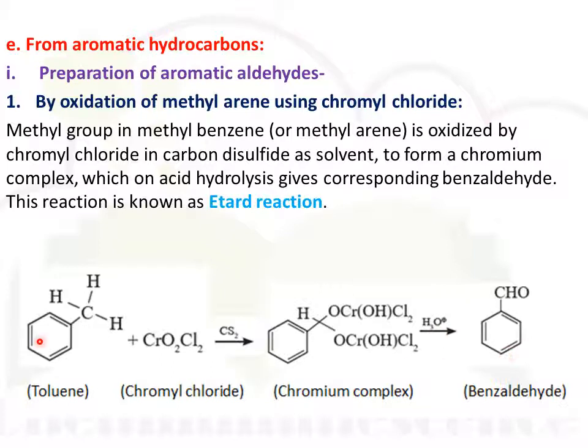If you observe in this reaction, the methyl carbon from the reactant gets converted into a formyl group, and we get benzaldehyde as a product. Chromyl chloride in presence of carbon disulfide as a solvent is the condition for this reaction, and this reaction is a name reaction known as the Etard reaction.